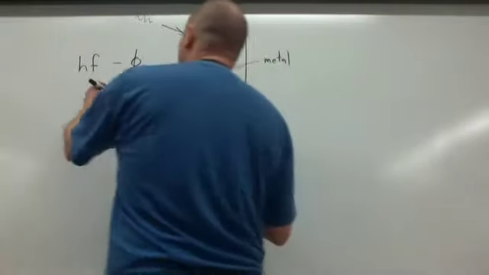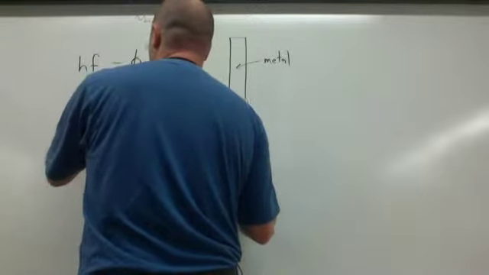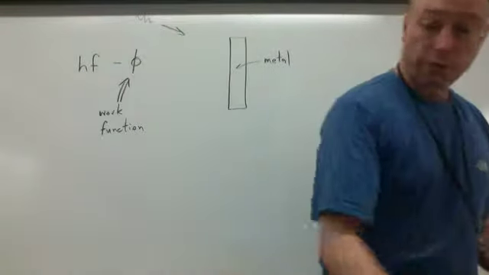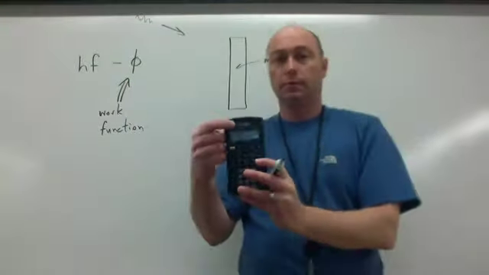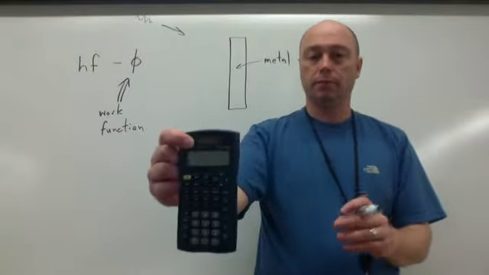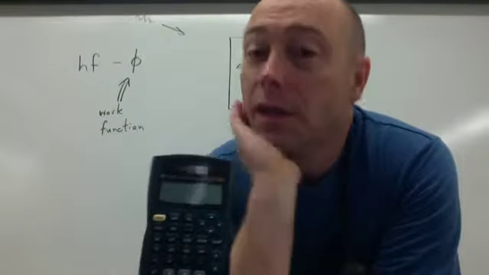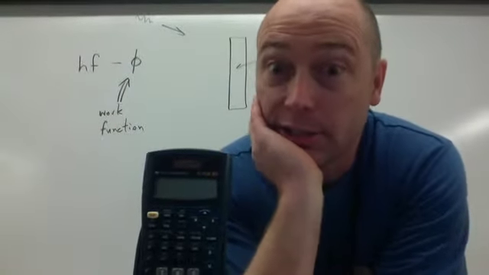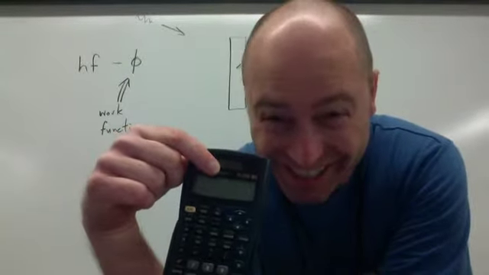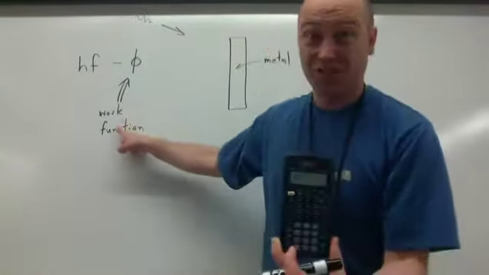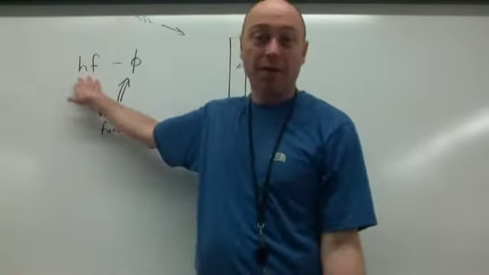So this is called the work function. In order for my photocell to work, sorry, I had a little brain fart there, in order for my photocell to function, I have to have a photon with enough energy.